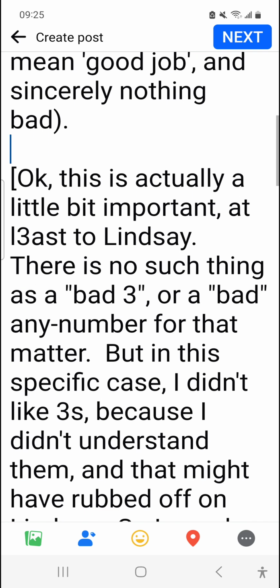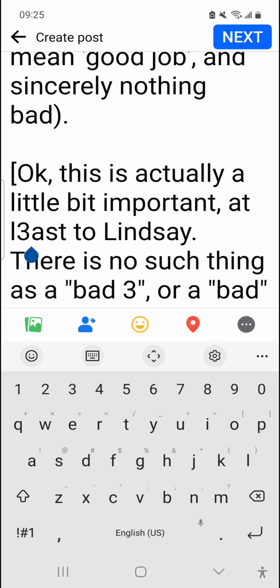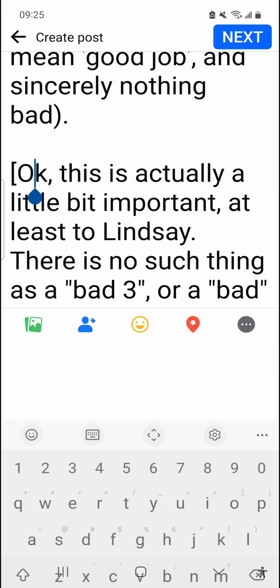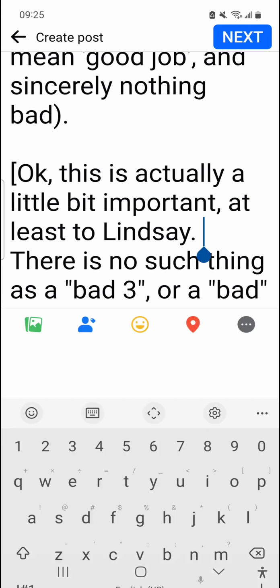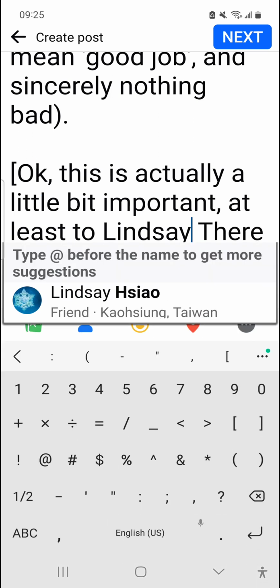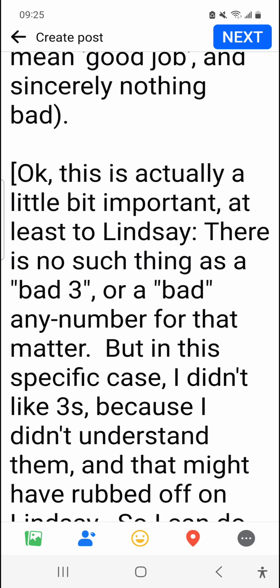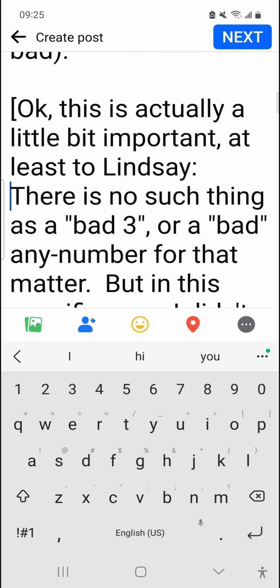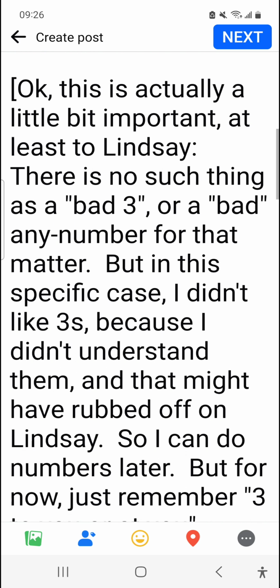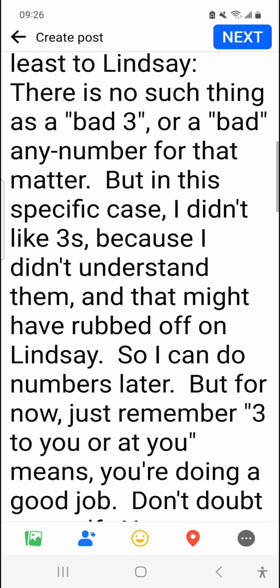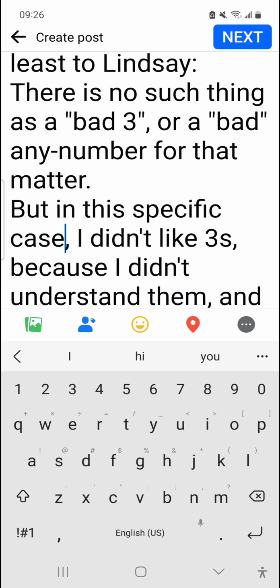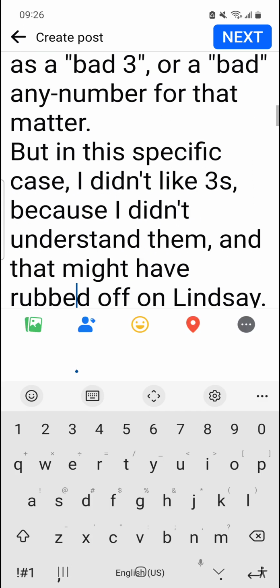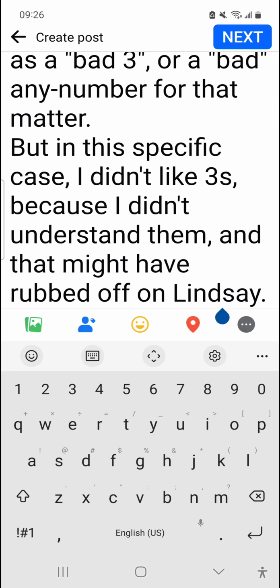There is no such thing as a bad 3 or a bad any number for that matter. But in this specific case, I didn't like 3s because I didn't understand them.